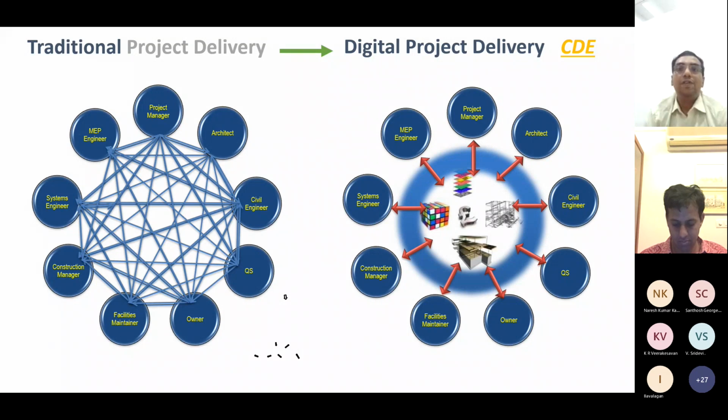So the idea of adopting any digitalization is to move away from the figure on our left hand side to the right hand side, where you have your digital models and digital information, which people can access and understand. That's the idea we discussed last time.